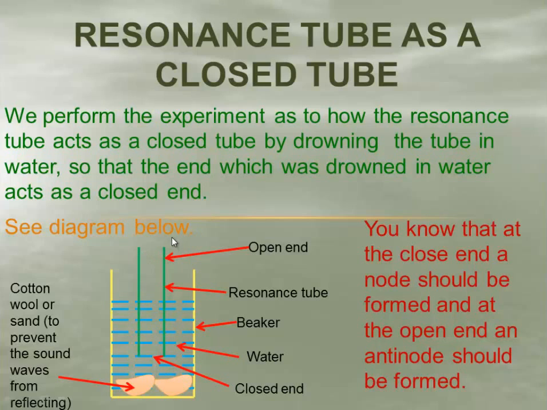Now when we vibrate the air column using a tuning fork, stationary waves are formed here. You know that in a closed tube, at the closed end a node is formed, and at the open end an antinode is formed, right? So it will be something like this: stationary form, antinode, and a node here.